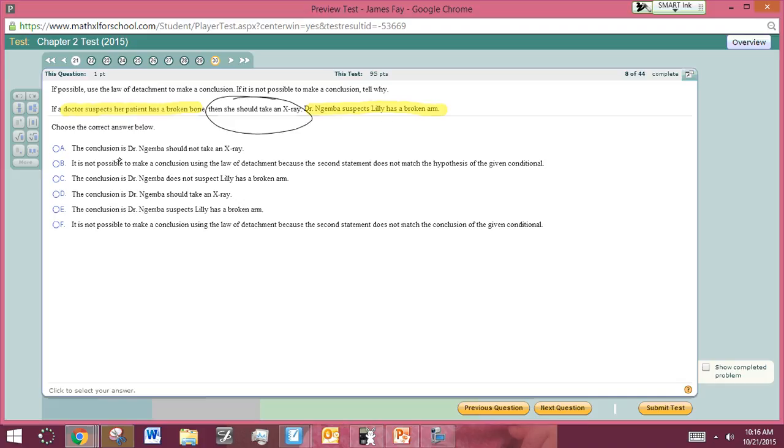So the conclusion is the doctor should take an x-ray. Option D there. So you got to match up the second statement with the hypothesis, and if they're a good match, then the conclusion of your if-then statement should be applied to your second statement.